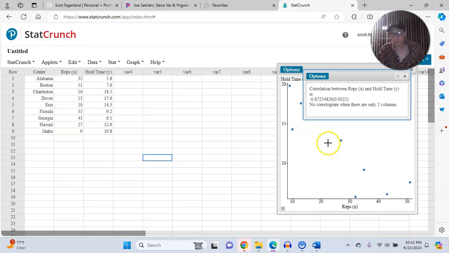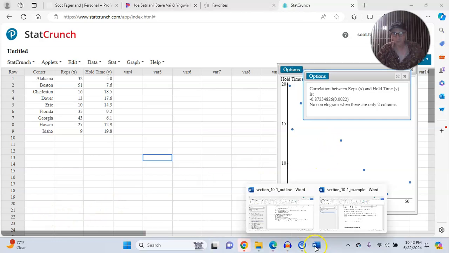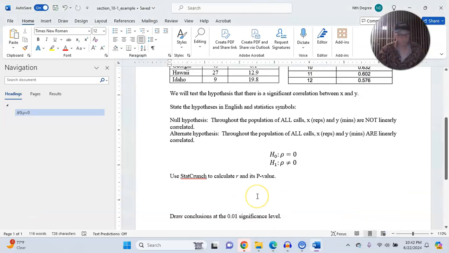I think it's fine to round to the nearest hundredth for this case. Negative 0.87. I didn't capitalize R automatically. Good. And the p-value, I think that was 0.002.